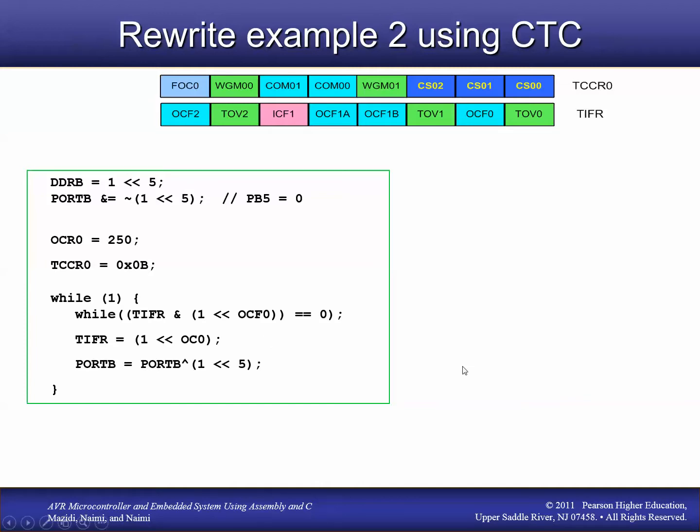I guess one other thing different is that we didn't stop the clock in this example, whereas previously we'd stopped the clock. We had this timer counter control register assignment inside the while loop. But the big differences are that we're writing to OCR0 instead of TCNT0. We have a different value for TCCR0. And also we're looking at a different flag now because it's in CTC mode.